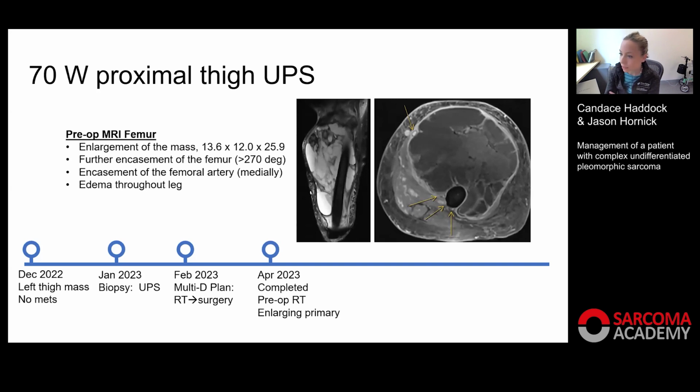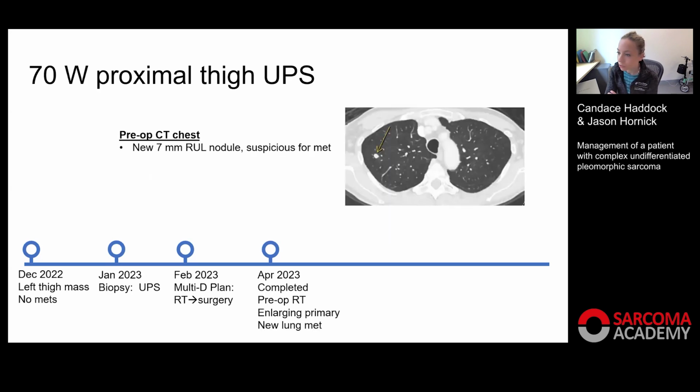It was now encasing the femoral artery as well, medially, as you can see in the image, and there was edema throughout the leg. And her performance status kind of matched this picture as well. She was barely hanging on, I would say, and there were concerns about going to surgery. And then in addition, we found that she developed a lung metastasis in the right upper lobe seen here.